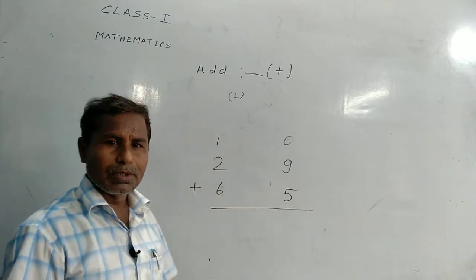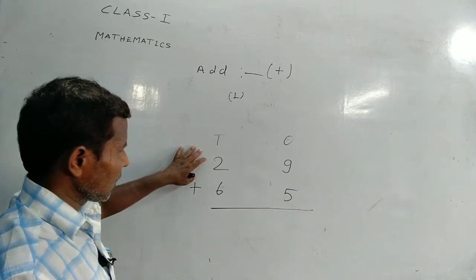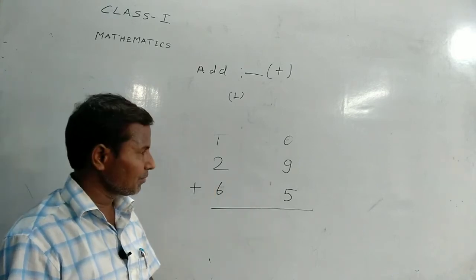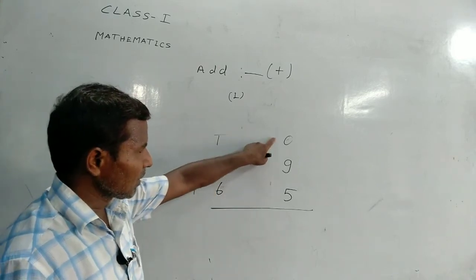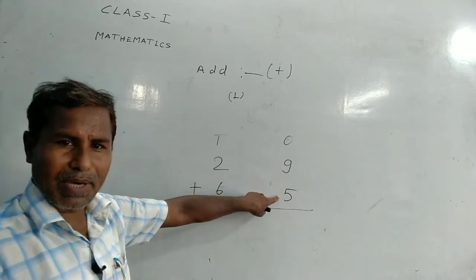Now you have to find out the sum of 29 and 65. Ones place is written 9 and 5.